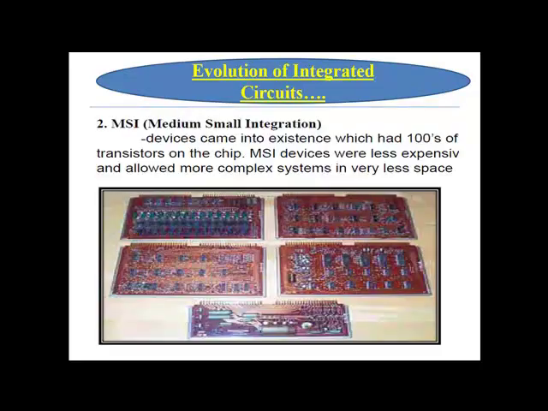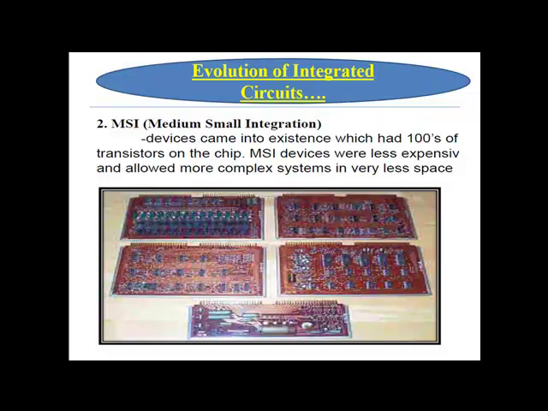Now coming to the MSI, medium scale integration. Medium scale integration consists of 30 to 300 gates per chip, or 100 to 1000 transistors per chip. MSI devices were less expensive and allowed more complex systems in very little space.